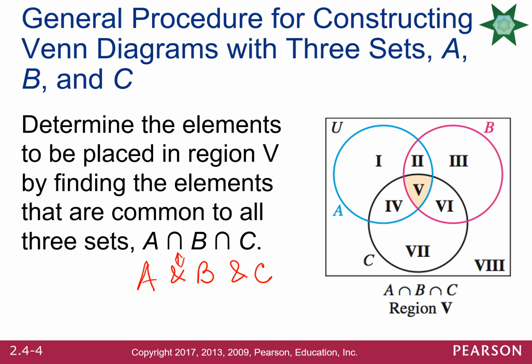So it's in region 5 where we will be including all elements that are common to all 3 sets.